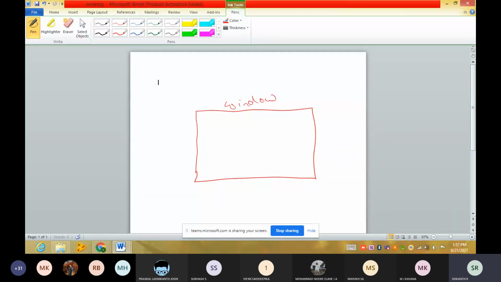So there might be cases like, see here, if this is the window and if this is the triangle I'm going to draw, what will be visible to me is not the whole triangle. I will get only this part of the triangle as output, because only this is the part of the geometric object which is lying inside the window.